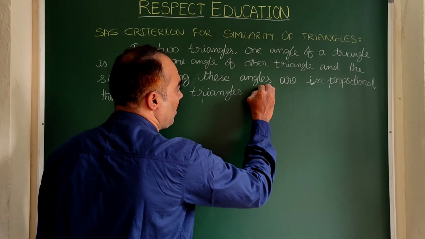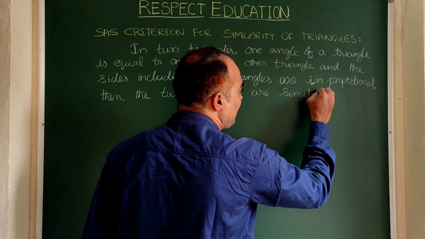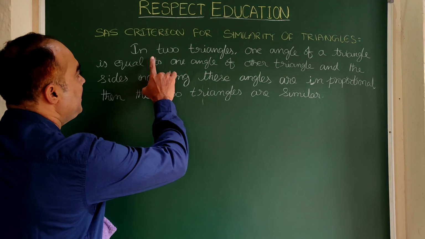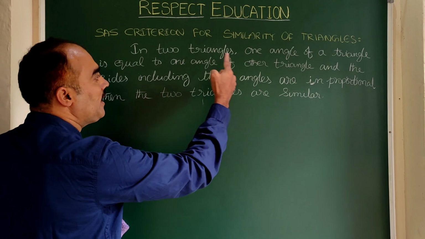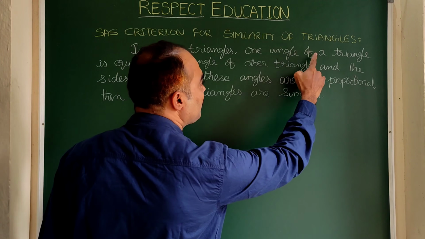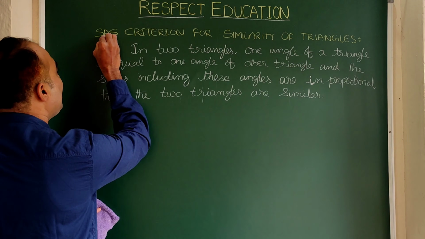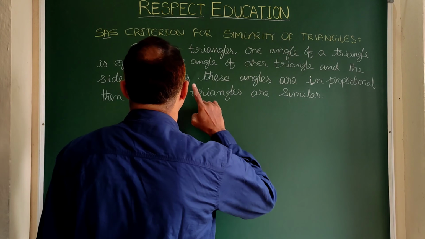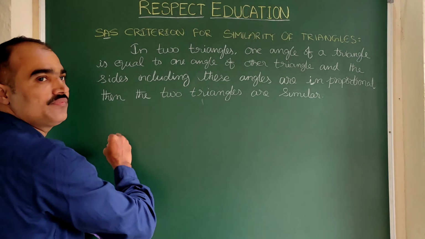Here the meaning is that in two triangles, one angle is equal to one angle of the other triangle. Means here you observe one angle to be equal, and the sides including these angles.